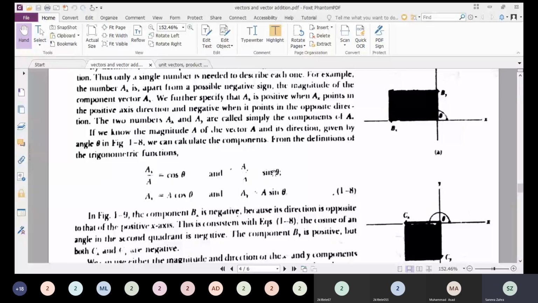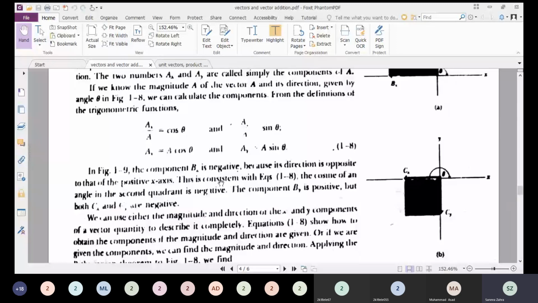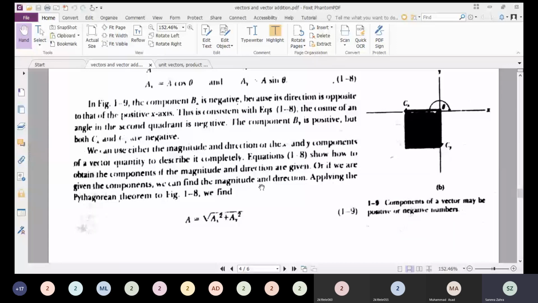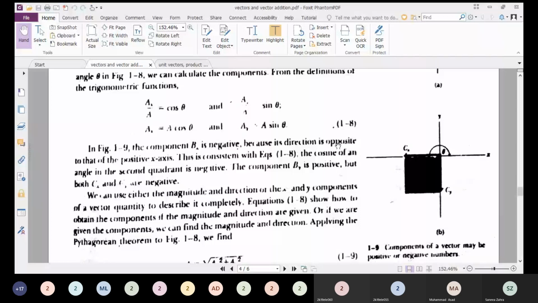Okay, at the end, whenever we want to know in which quadrant the vector lies, we will look into the values of ax and ay. If we know the magnitude A of the vector A and its direction given by angle theta, we can calculate the components from the definition. Now see figure 1-9. The component Bx is negative because its direction is opposite to that of the positive x-axis.